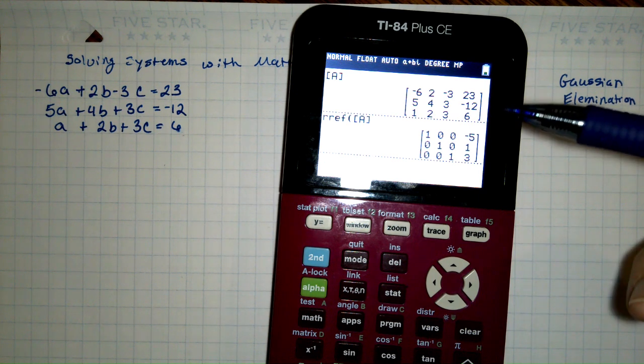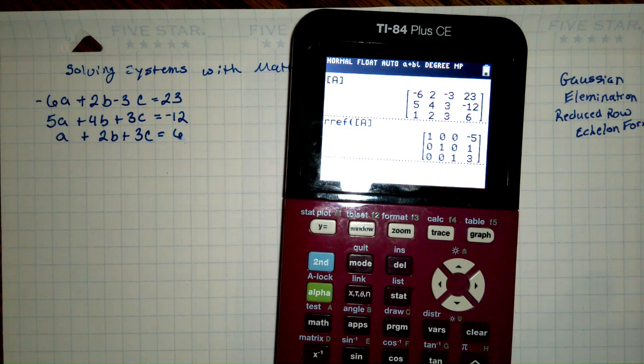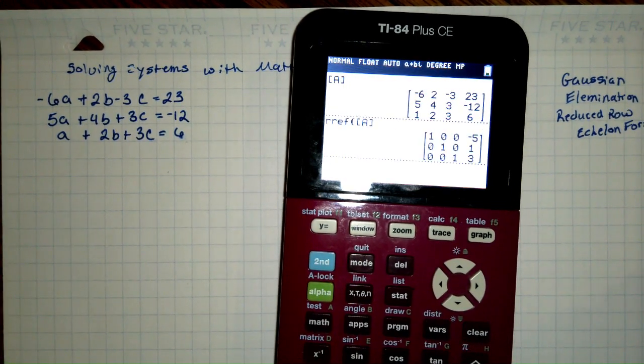But we are going to learn what the calculator did, because I know some universities have you actually write down the row operations, so you have to understand what's going on. If you're a high school student or if you do not have a graphing calculator, Desmos has a Desmos matrix webpage that's different than the regular Desmos, where you can type in your matrices and do the reduced row echelon form there.